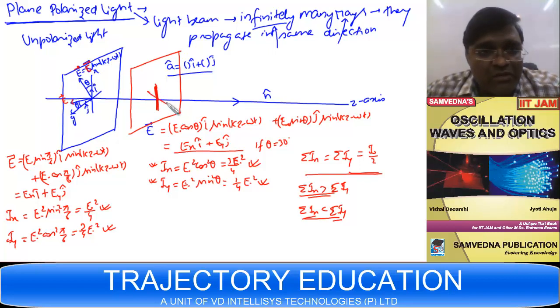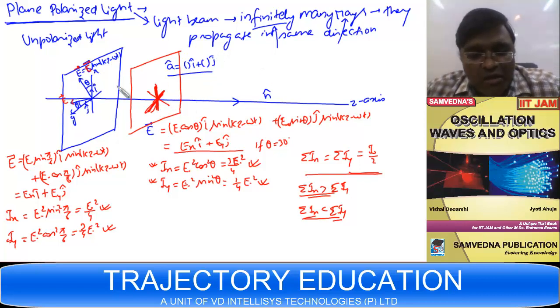This direction can be this, it can be this, it can be this, but whatever it is, all the rays have their field vector in that direction. That's called plane polarized, and plane polarized is also called linearly polarized. So I hope you understand the difference between unpolarized, plane polarized and partially polarized light, right?